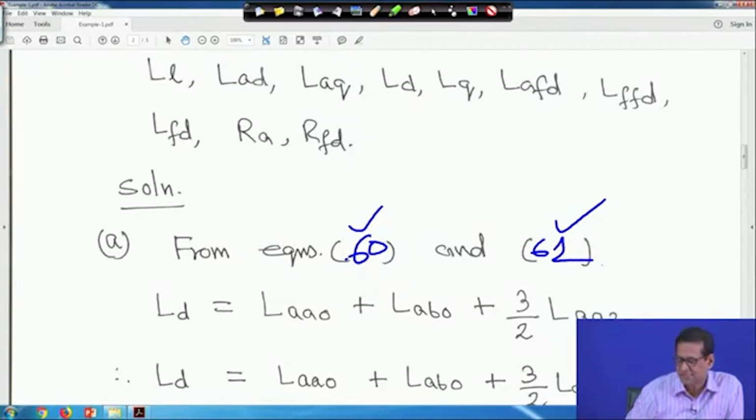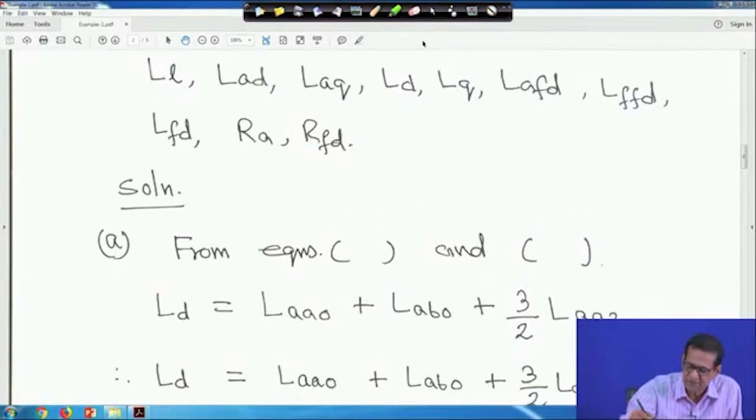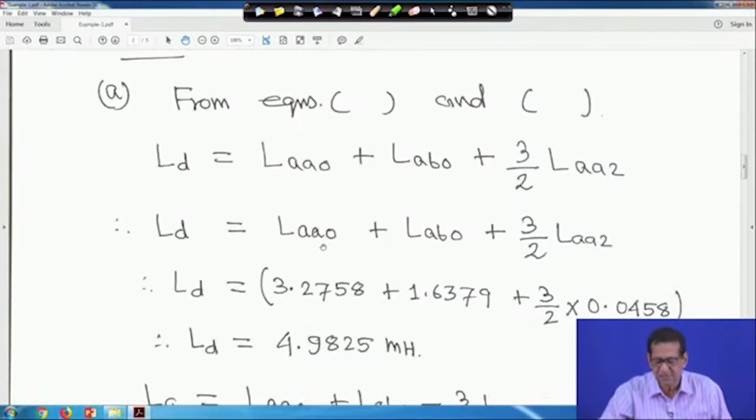This is actually coming from equation 60. Please go refer to 60, you will get this.